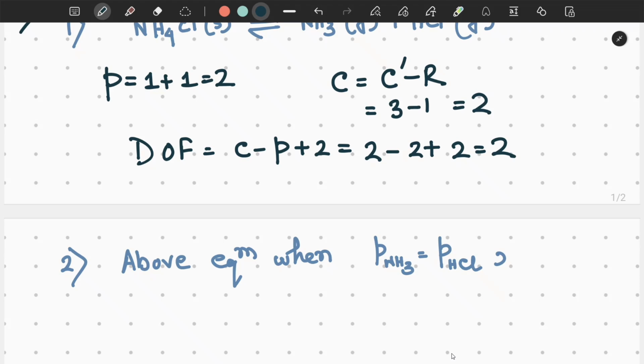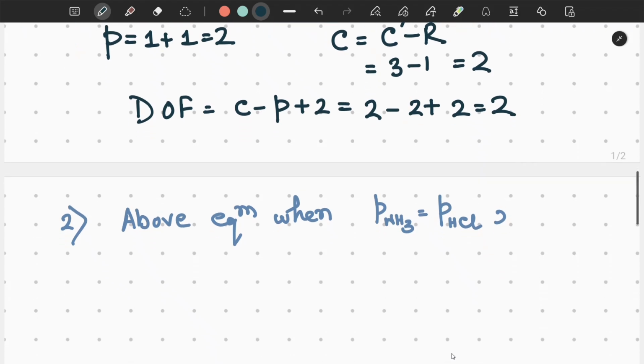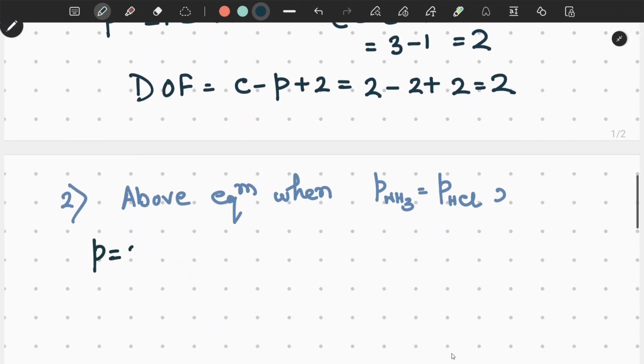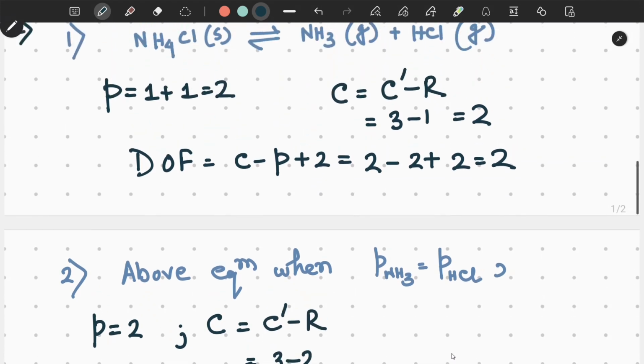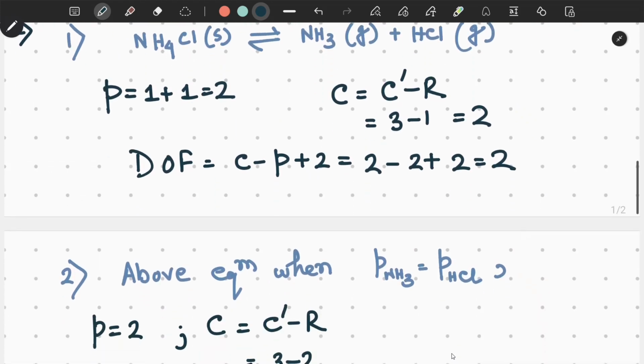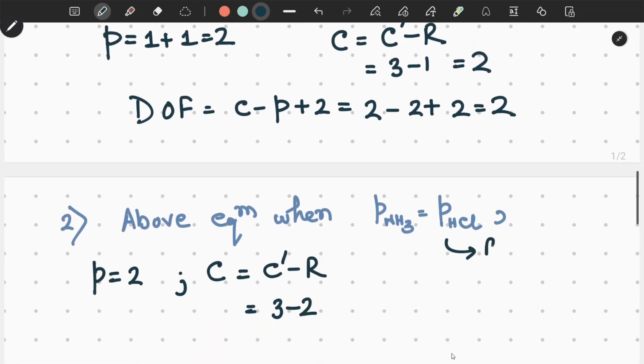Phase will be anyway 2 because that is not changing. Component is 1. So phase is 2, component is actually C' minus R. So here 3 minus 2, two restrictions are there. One was already there due to this equilibrium. Another one is this.